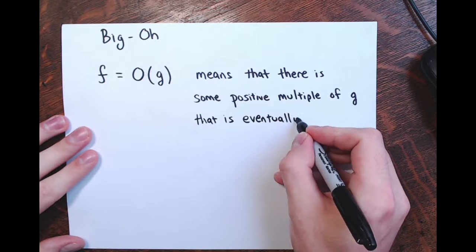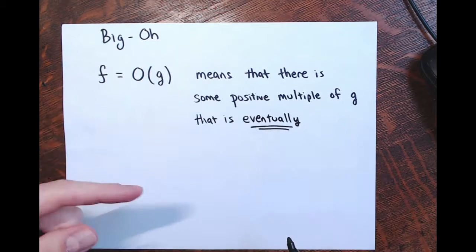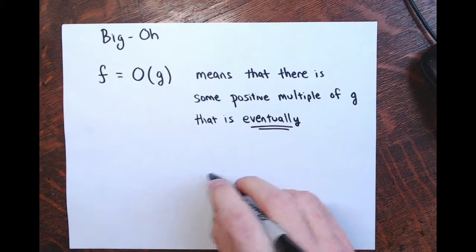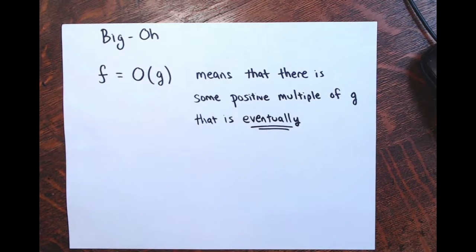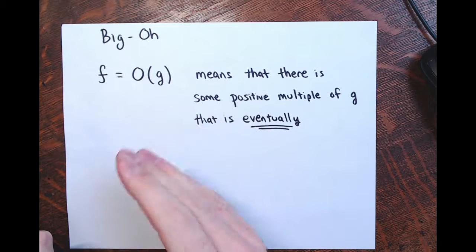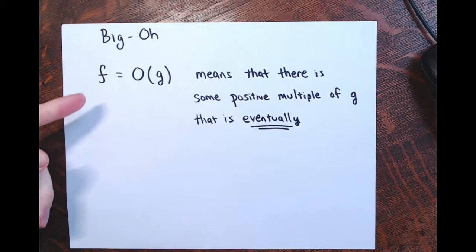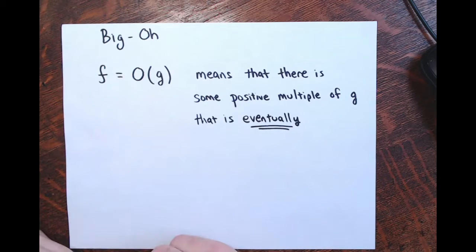And when I say eventually, this means as you increase the inputs to infinity, at some point the graph of this positive multiple of g will be higher than the graph of f forever.